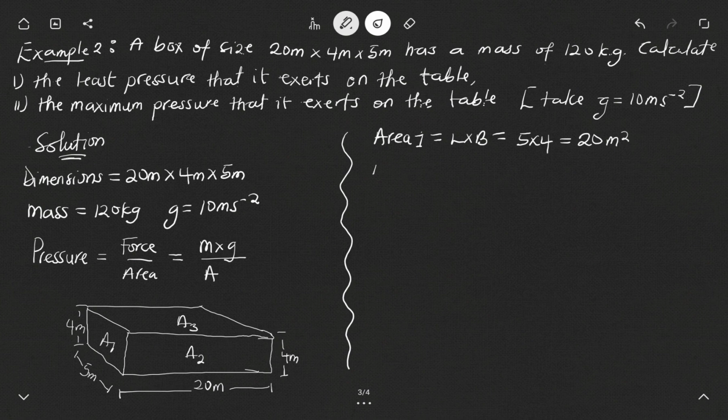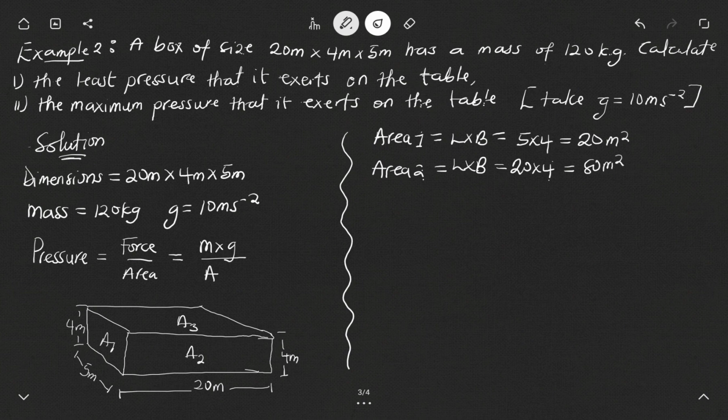Right, let's look at area 2. We use the same formula, but our components to multiply will be different. For area 2, we have the length, which is 20 meters over here, and the height or the breadth is 4 meters over here. So we have 20 multiplied by 4, and this is 80 meters squared.